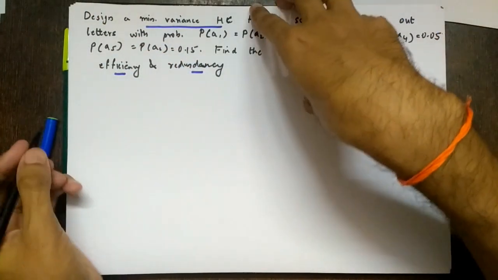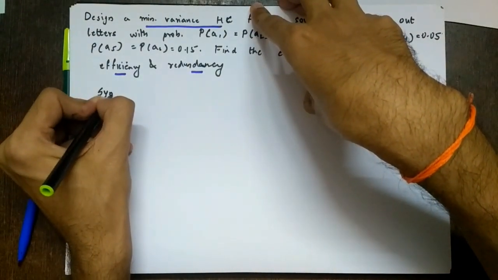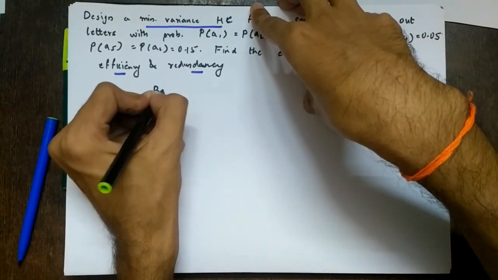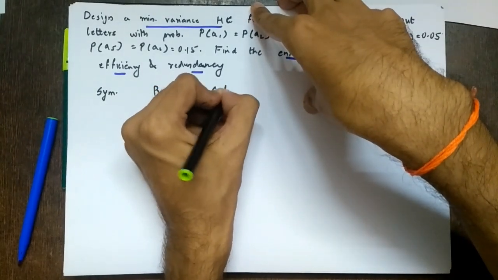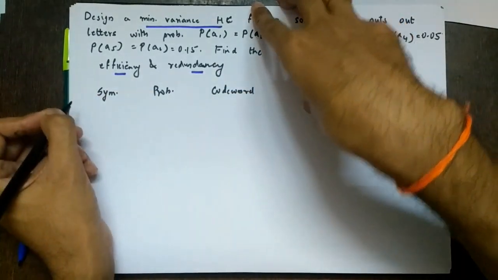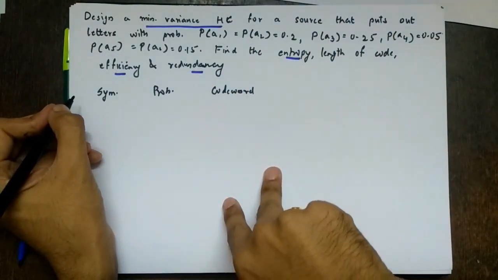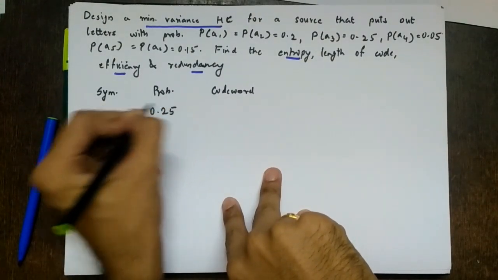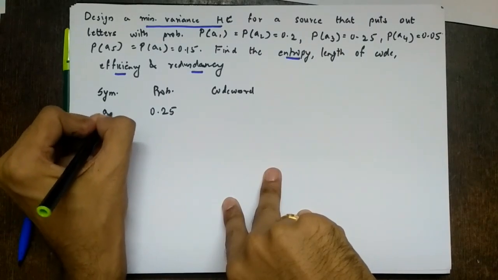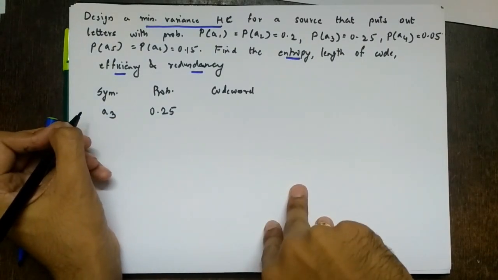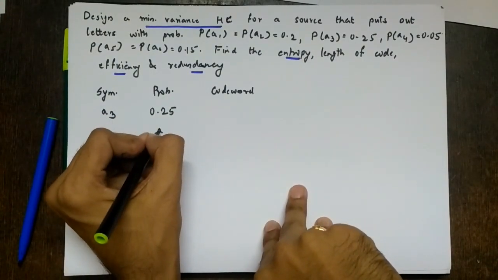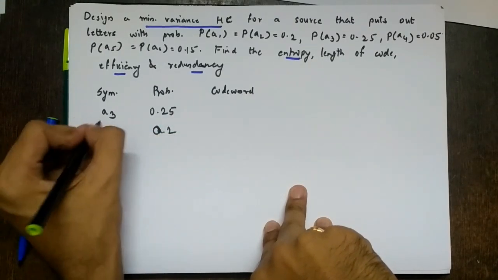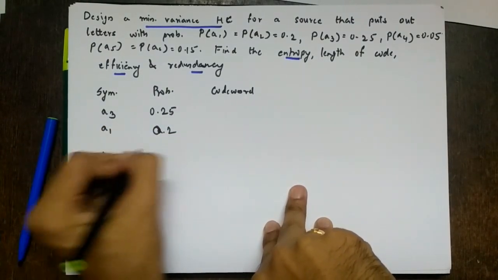So what we do, we first maintain the table: symbol, probability and code word. The highest probability is 0.25, corresponding to symbol A3. Then 0.2, A1 and A2.